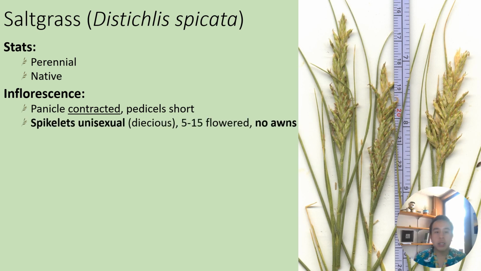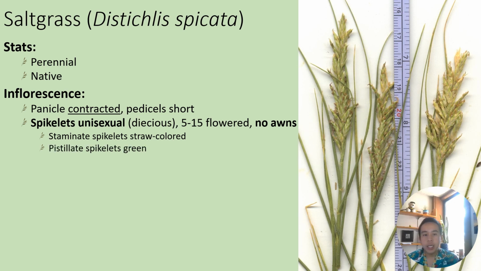The spikelets for this plant are unisexual, which means the plant is dioecious, meaning there are separate male and female, or pollen-bearing and pollen-receiving, plants. Typically, the spikelets have 5 to 15 flowers, and something characteristic of it is that it is awnless. The staminate spikelets are often straw-colored, and the pistillate spikelets are often green-colored.